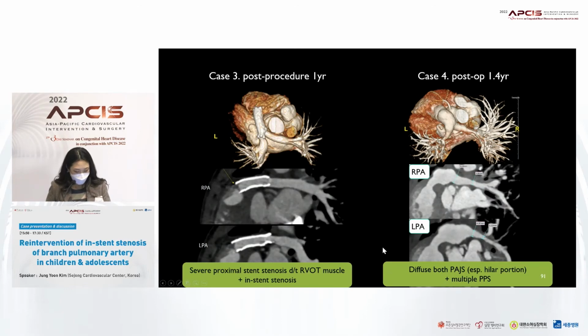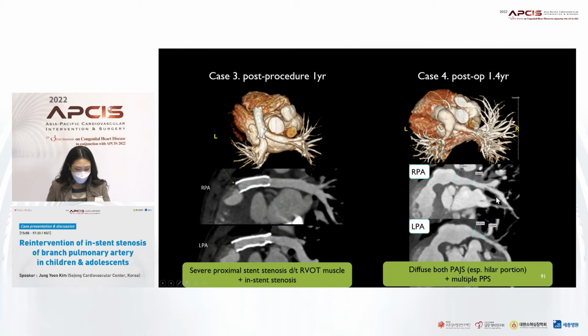So these are the follow-up results compared after each treatment. Case 3 is transcatheter treatment, and case 4 is surgical treatment. So case 3 developed peripheral pulmonary artery vascularity that was quite good, whereas severe proximal stent stenosis due to RVOT muscle and in-stent stenosis developed.